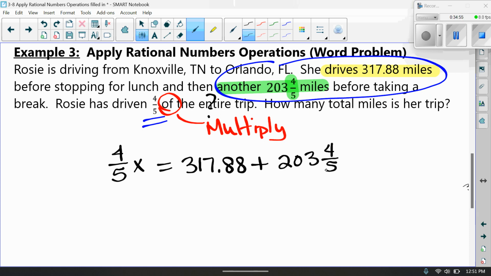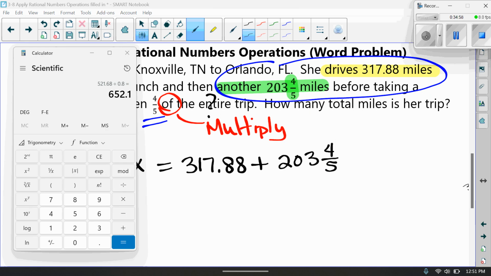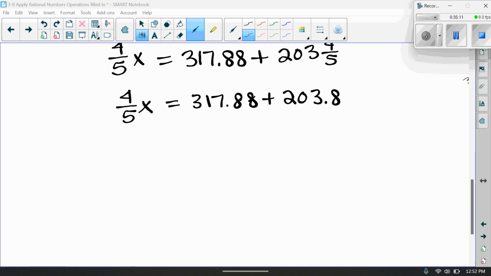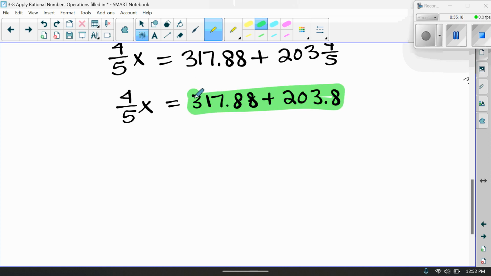So now we can simplify this. So I want to write 4/5 as a decimal. So 4 divided by 5 is 0.8, okay? So let's rewrite it. So here's our new expression and equation, and now I'm going to add those together.